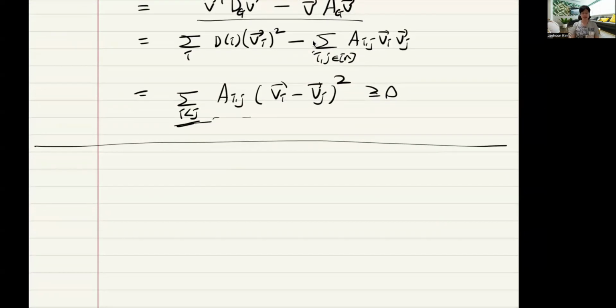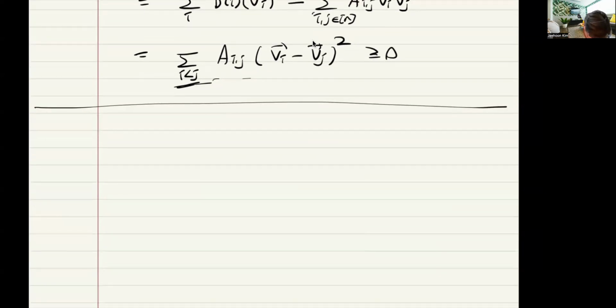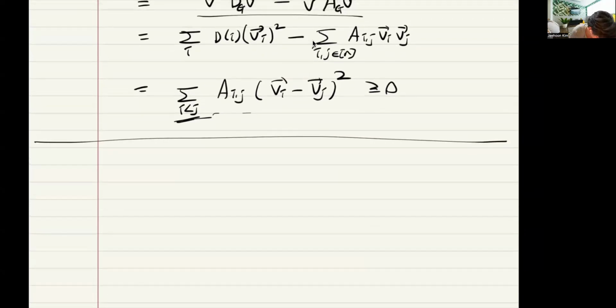And now we want to study the relationship between this eigenvalue and some graph property. One of the key observations is that we can use this eigenvalue to study the edge distribution of the graph. And the key reason why we can do that is the following.